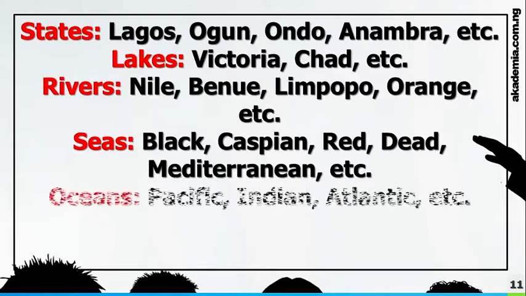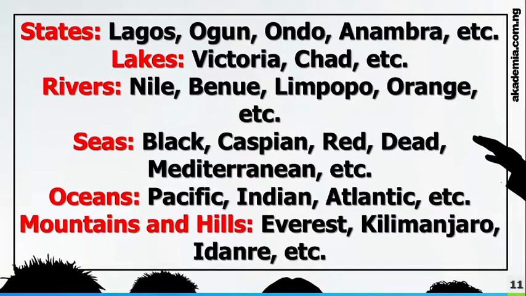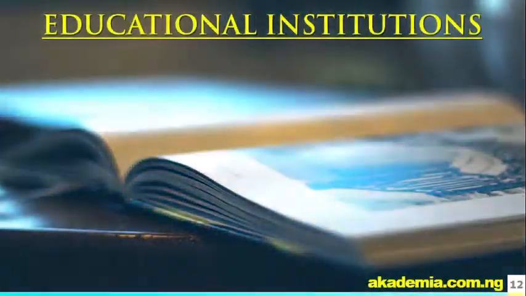The same applies to oceans: Pacific Ocean, Indian Ocean, Atlantic Ocean. The same applies to hills and mountains like Mountain Everest, Mountain Kilimanjaro, like Idori Hills. So many hills, so many mountains that you know their names. All of that can be categorized as proper nouns.